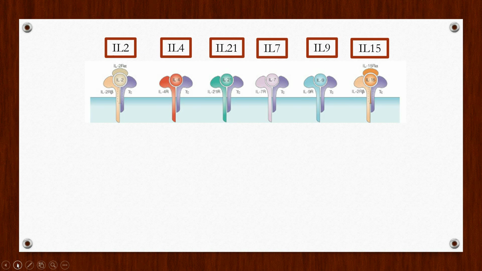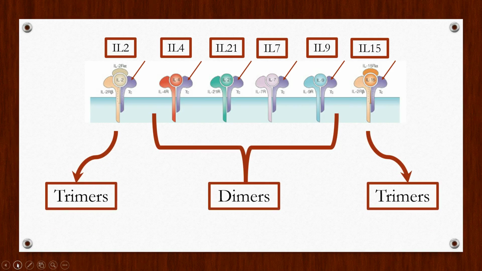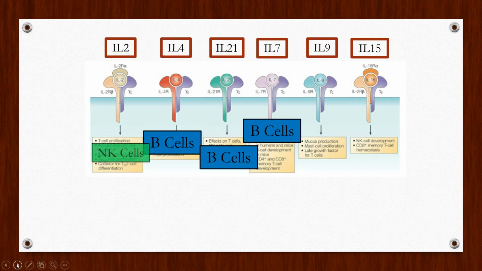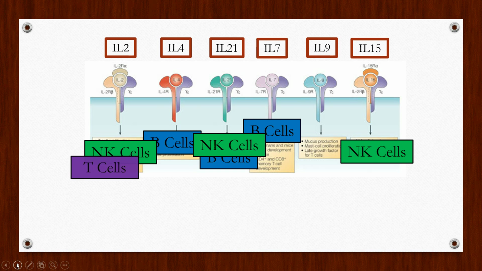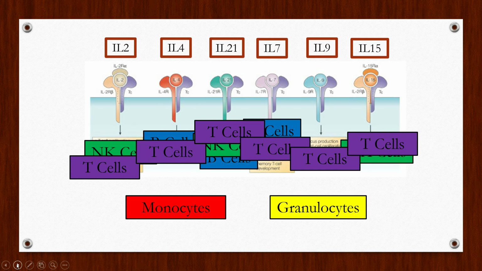IL-2RG normally acts in all of these different IL receptors. It dimerizes or trimerizes with other IL receptor chains. It acts in B cells, NK cells, T cells, monocytes, and granulocytes, nearly all of the immune response cells.